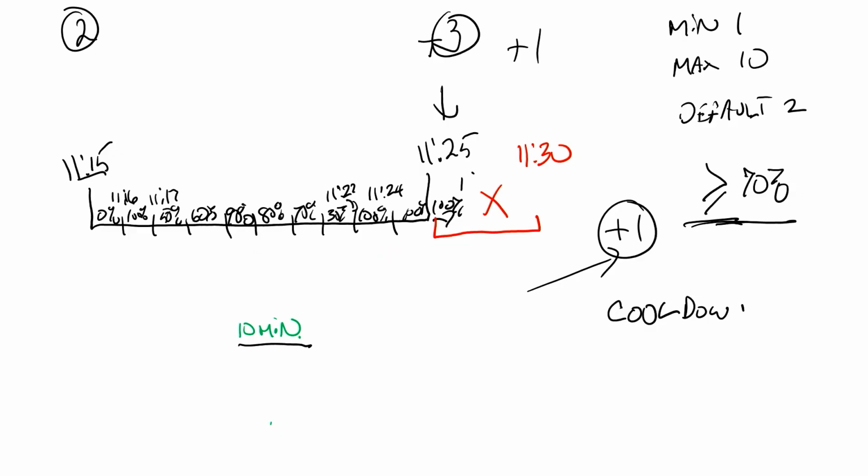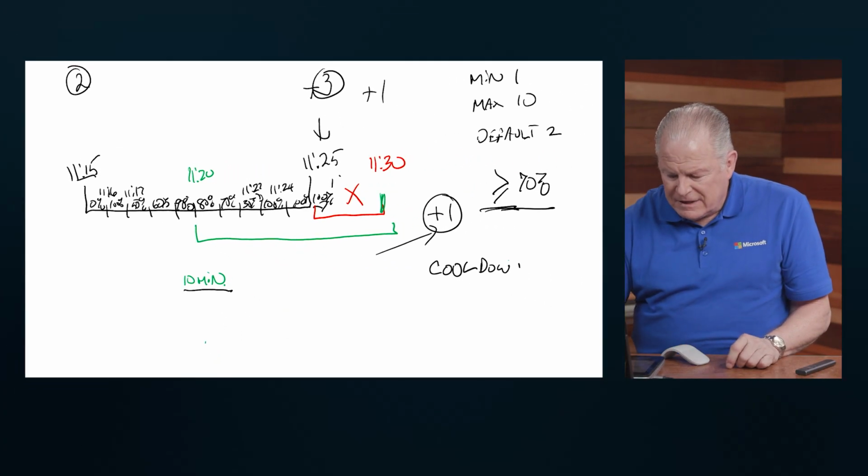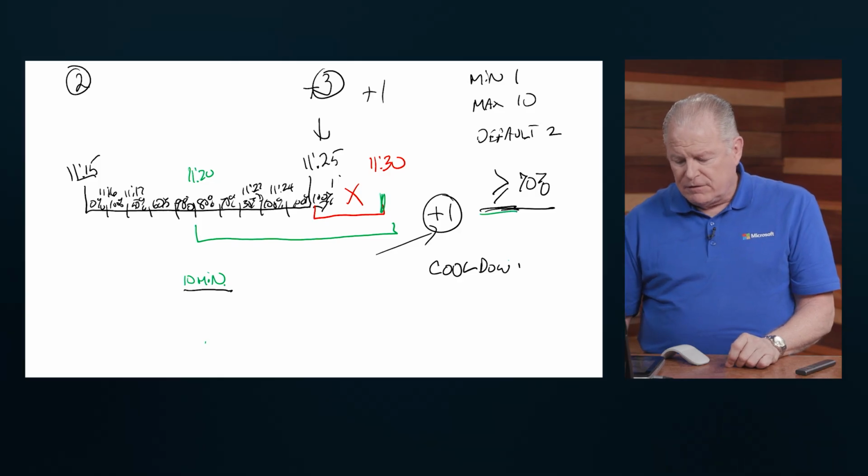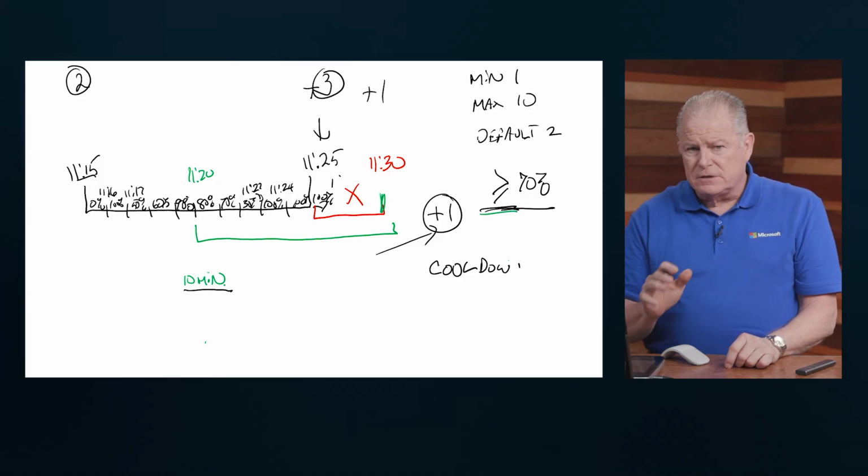So it won't be until, I'll go back into my green here, we're at 11:20. This is going to 11:30. Then and only then, if I'm greater than or equal to 70%, will it go through another scaling activity.